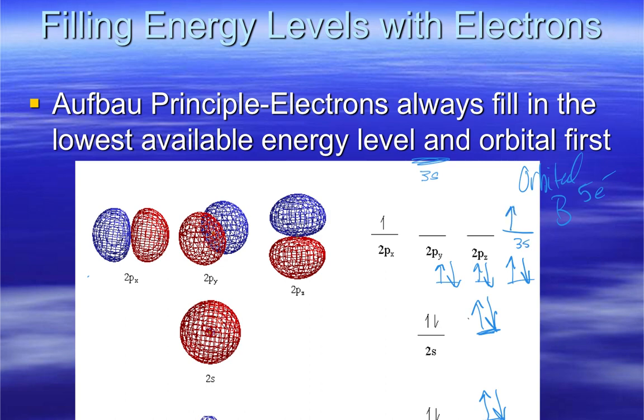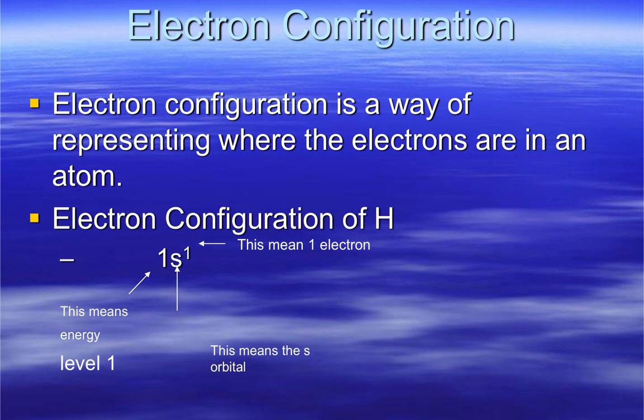So Aufbau's principle says that we have to give everybody one of these electrons before we go back and give them a pair. And we have to start down here with the lowest energy level first and then go increasing energy levels.